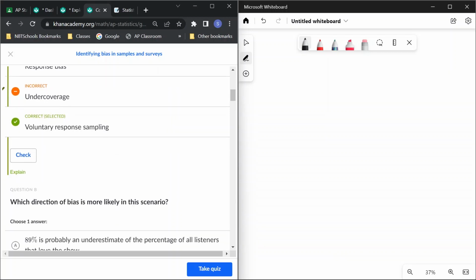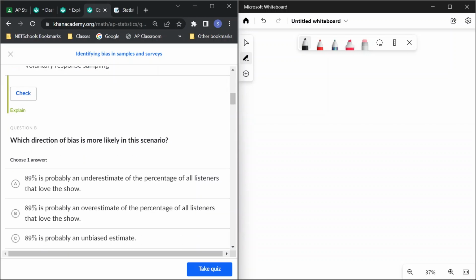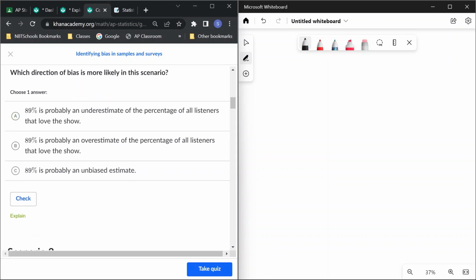Okay, but it could be under coverage too, right? Oh, well, yeah, you're covering everybody, but not everybody has to do it. So that's voluntary response sampling. Okay, well, I know this one. It's an overestimate.